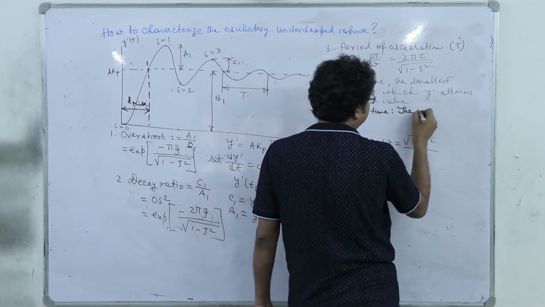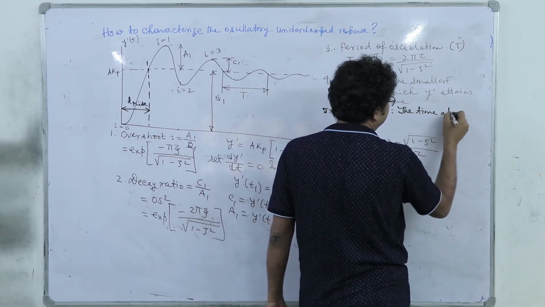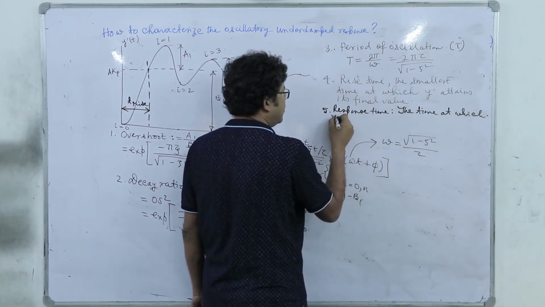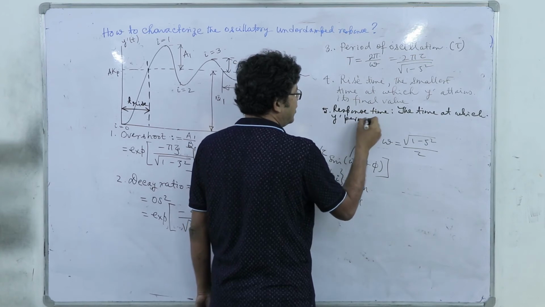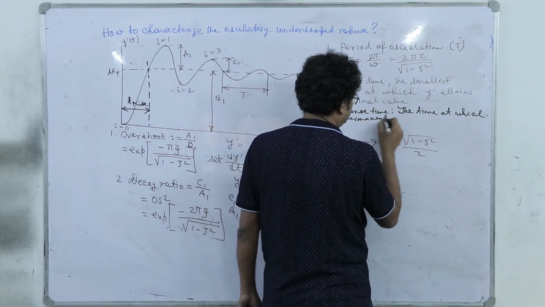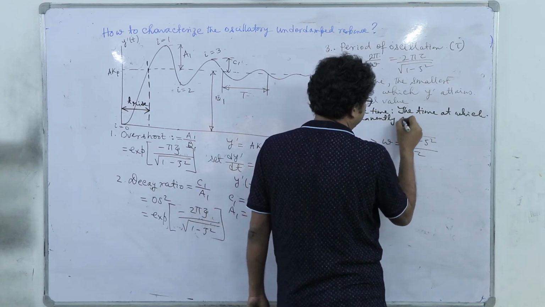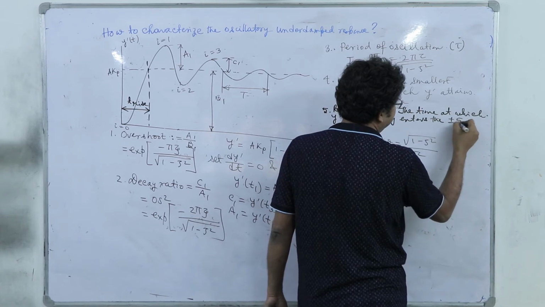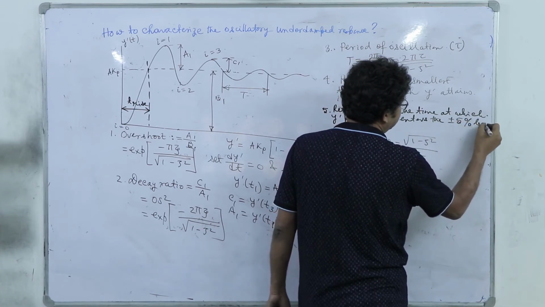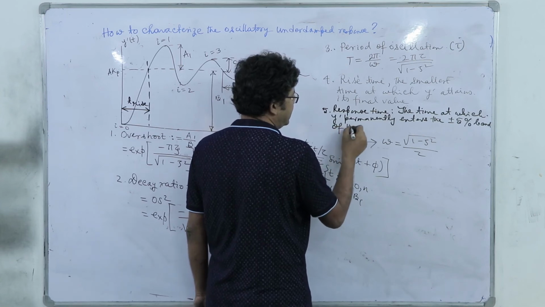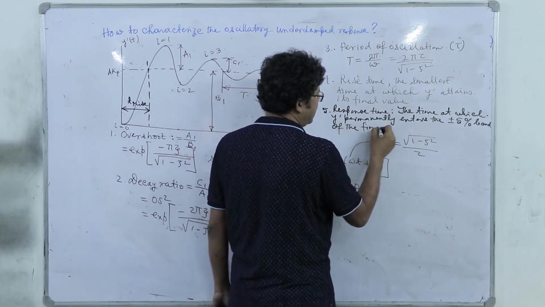The time at which y prime permanently enters the plus minus 5% band of the final value.